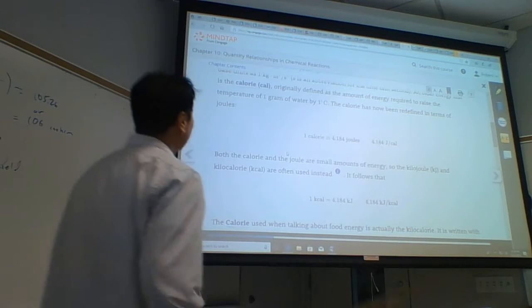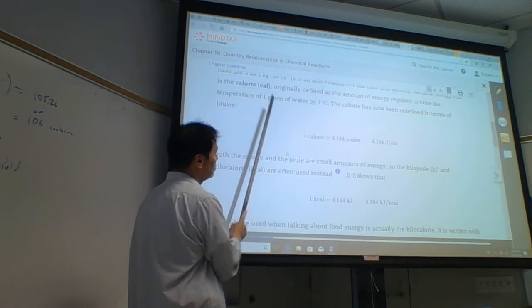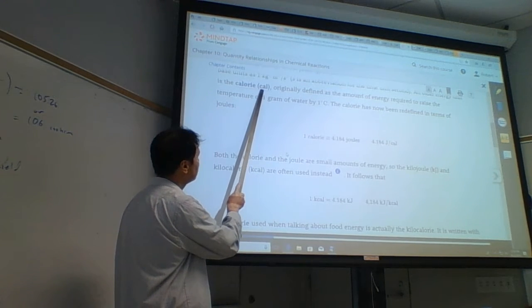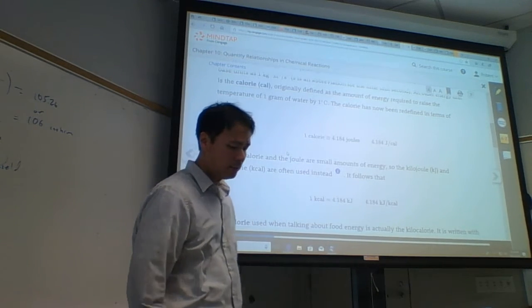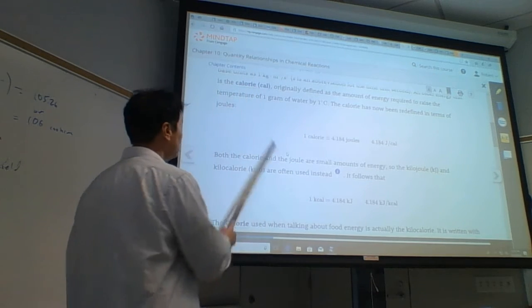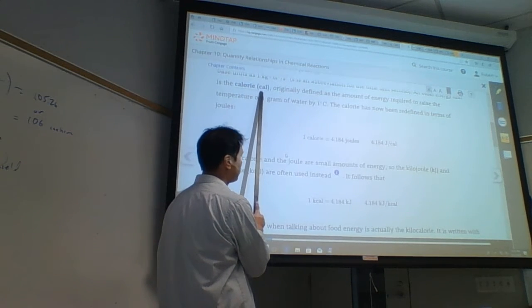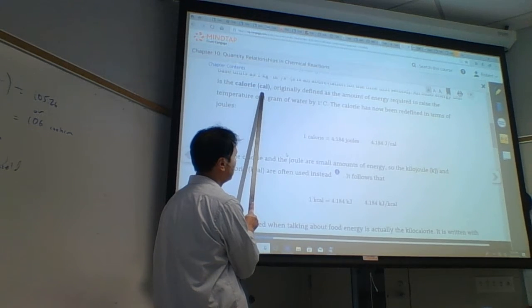We have a calorie, abbreviated cal. There are actually 2 calories: a lowercase c and an uppercase C. For food, we use the uppercase C. For chemical reactions, we use lowercase c. And the food calorie is 1,000 chemical calories.